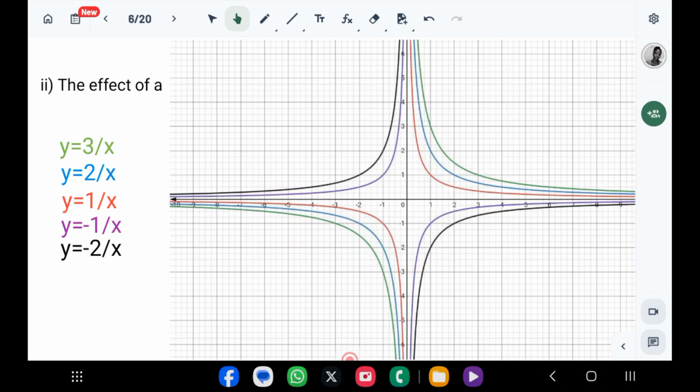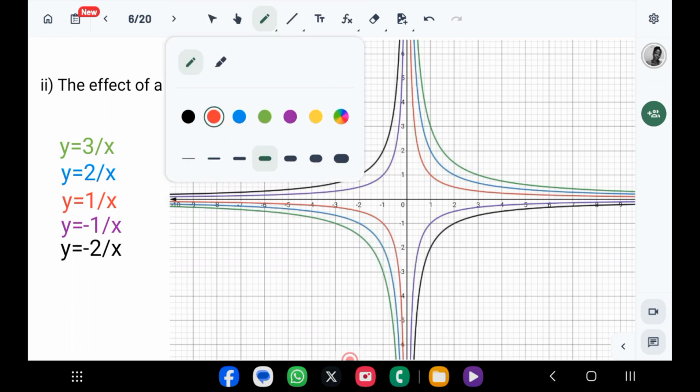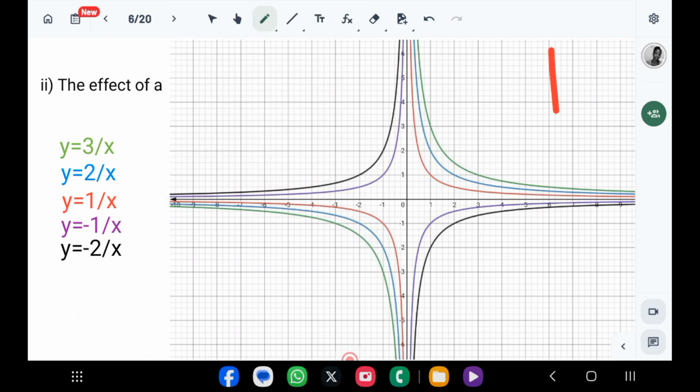The effect of a, on the other hand, is such that when your a is positive, for example the red graph, the blue graph, and the green graph, the pieces of the graph are going to be in the first quadrant and the third quadrant. If you were to number these quadrants, this is how they will be numbered. This is quadrant 1.